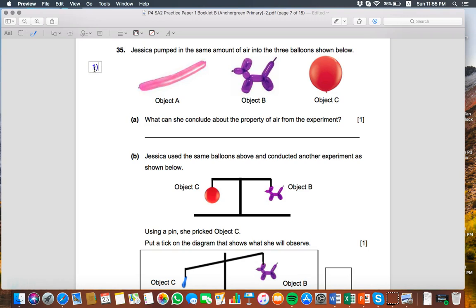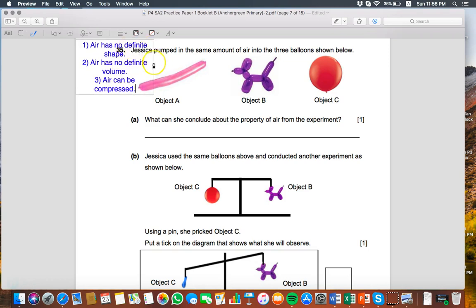First, air has no definite shape. Next, air has no definite volume. And lastly, air can be compressed.